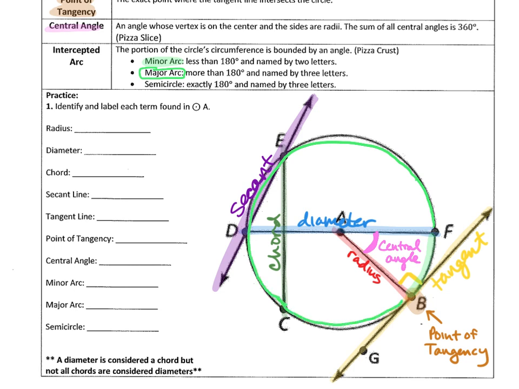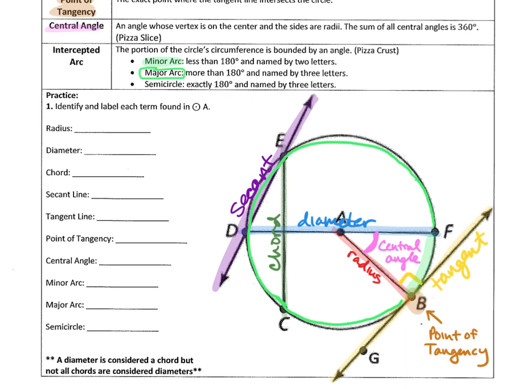Because I have a small minor arc that's in my highlighter color, and then I have my major arc that's just written in pen. Minor means small, major means big. But y'all got that last time when we talked about major and minor diagonals. Semicircle, I think we know. A semicircle is an arc that is exactly 180 degrees, and it is named by three letters.